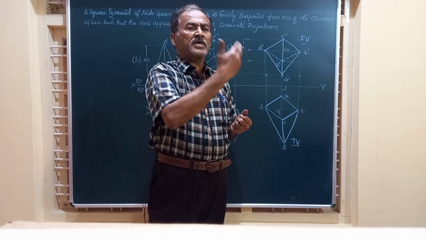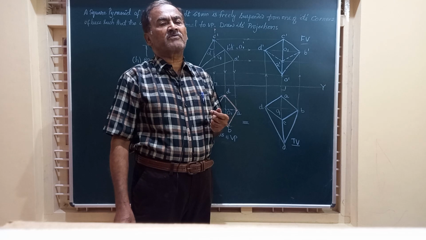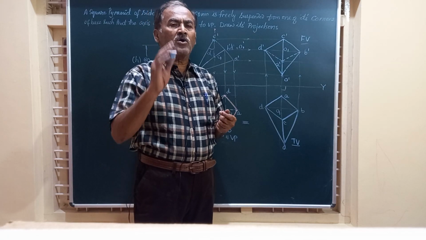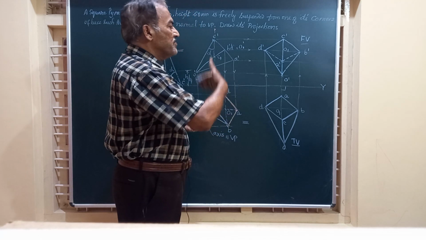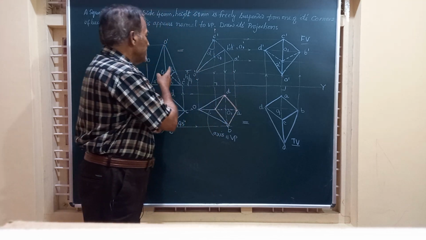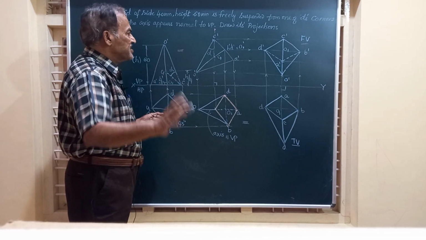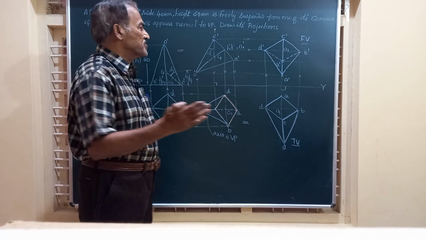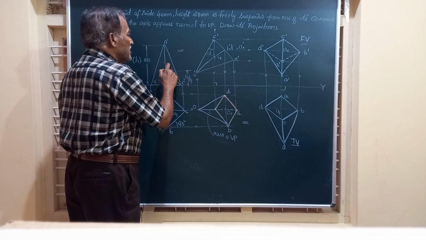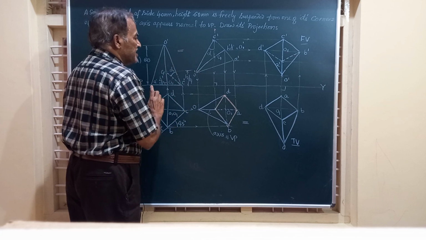And for drawing or for solving problems when it is freely suspended from the corner, you should always take one of the corners of the solid coming to your right side in the initial position of the front view. And again, friends, remember whatever concept I have told you in my previous videos, that is figure number 1 and figure number 2 in the front view, they are exactly identical.